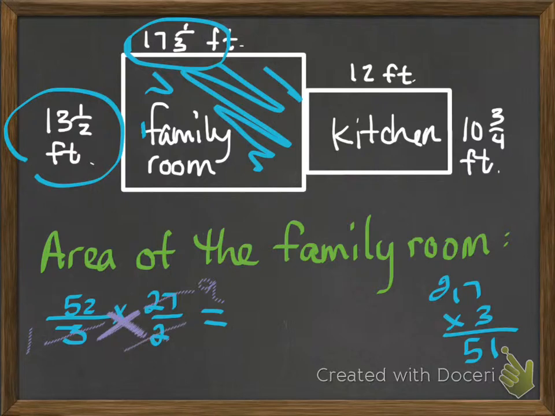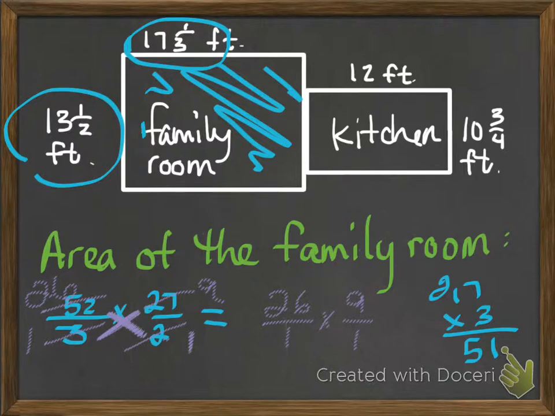So 2 divided by 2 is 1. And then 52 divided by 2, let's see, 50 would be 25, so 26. So now I have 26 firsts times 9 firsts. Okay, so that's a little bit easier.